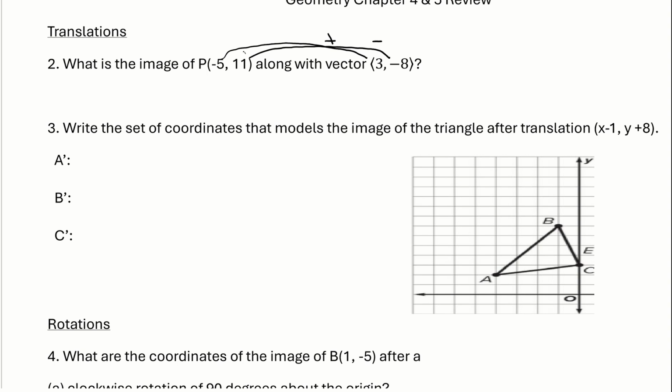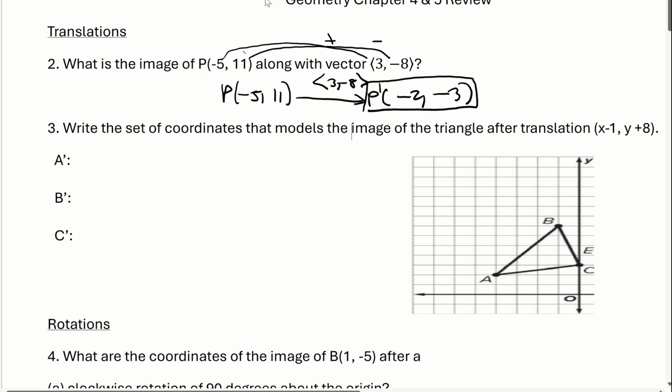So we got -5 plus 3. All right, so -5 plus 3 is -2, and then 11 minus 8 is -3. Okay, and that's all you got to do for the first question here.